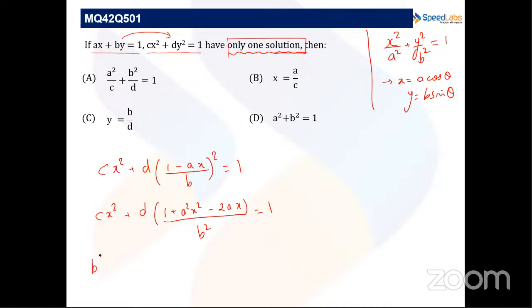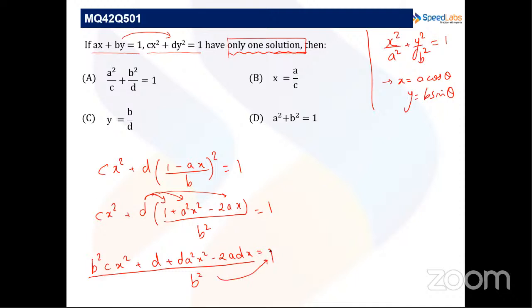So you will get b square c x square plus d a square x square minus 2adx, and b square upon this, equals 1.